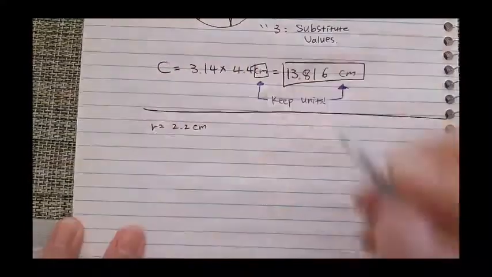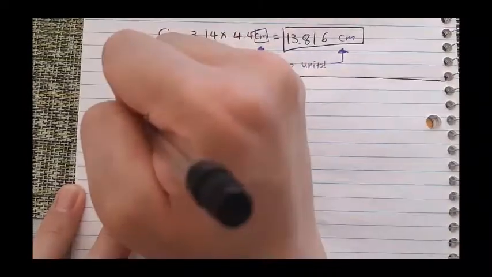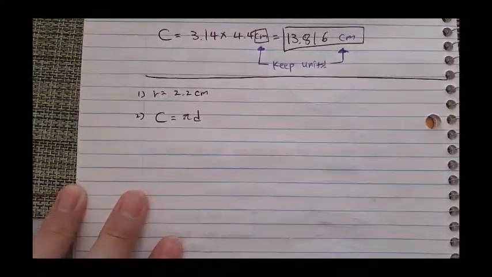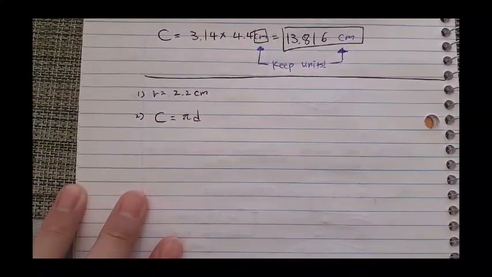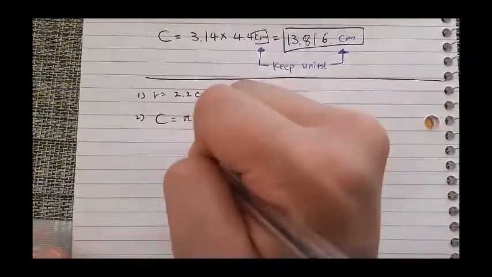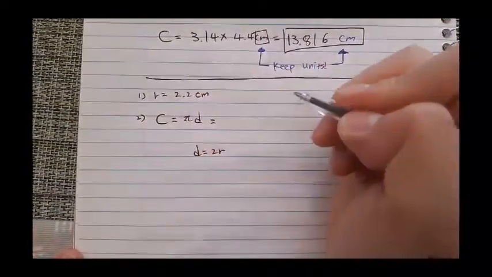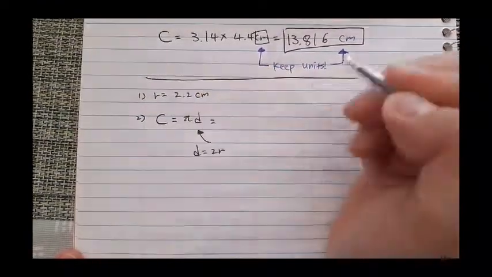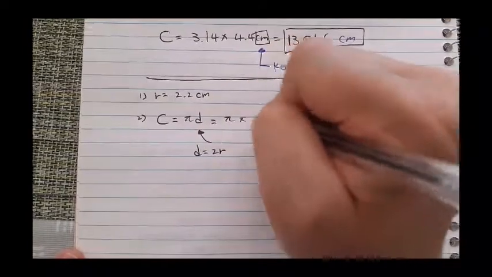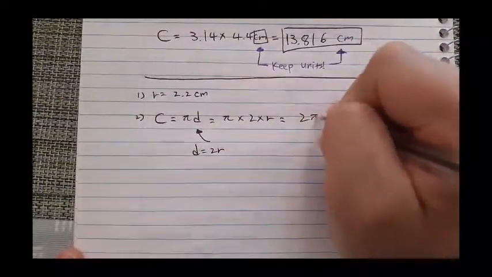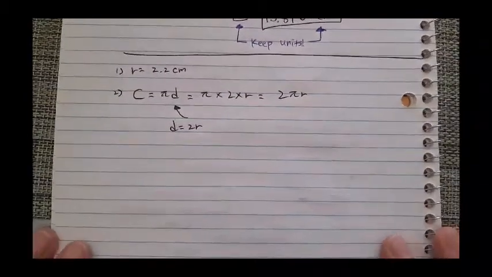Radius is 2.2 centimeters. That's my first step. Now, my second step, write down the formula that we know. C is equal to pi d. But at this point, you may notice that diameter is basically doubling the r, so I can substitute this value in, and that's pi times 2 times r, or people know it as 2 pi r.